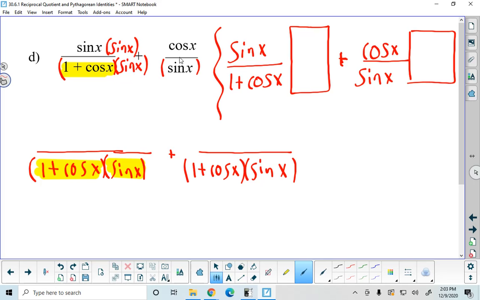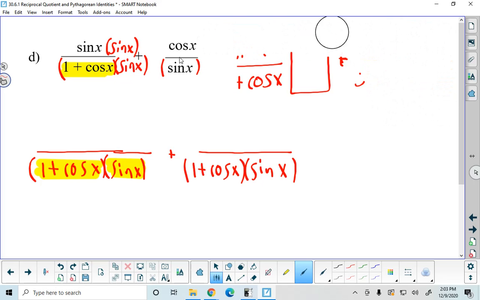So I need room to write that. I should have spaced it out more for you on the handout. I also need room to write what I multiply the top and the bottom of the second fraction by.